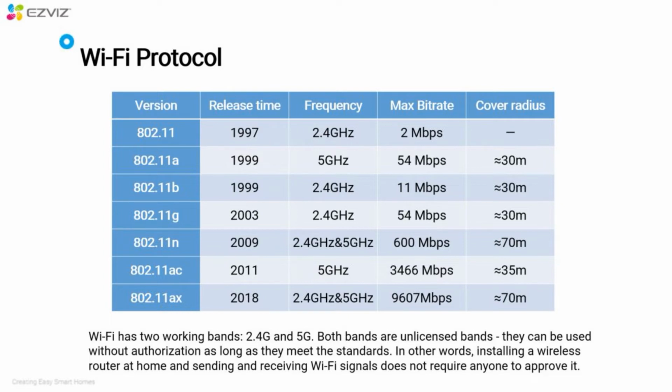As you can see from this table, Wi-Fi has two working bands, which are 2.4 GHz and 5 GHz. The only difference among these different versions is the max bitrate. Both bands, 2.4 GHz and 5 GHz, are unlicensed bands.